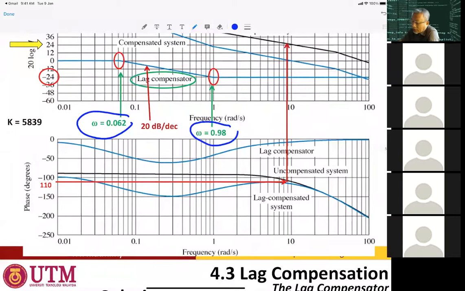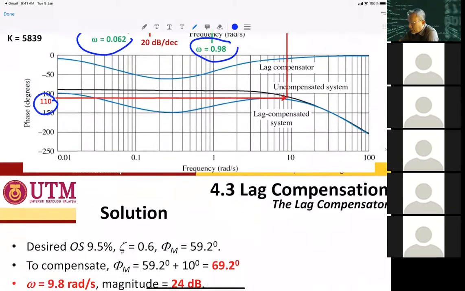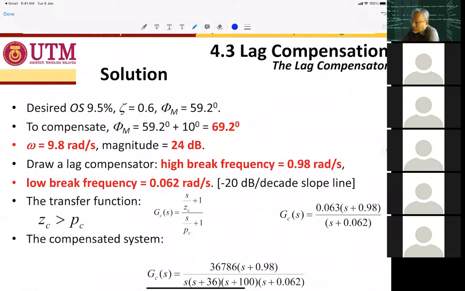The targeted phase margin here is 60 degrees. The solution at 9.5% overshoot will give you zeta 0.6, and will give you 59.2.